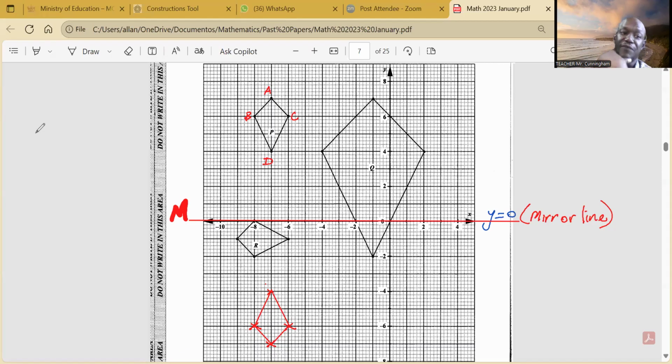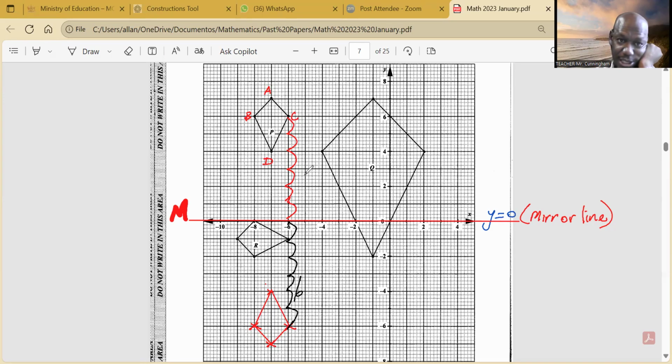So you have to check the squares. So if point C is 1, 2, 3 squares, 4, 5, 6 from the mirror line, you have to count again 1 square, 2, 3, 4, 5, 6.